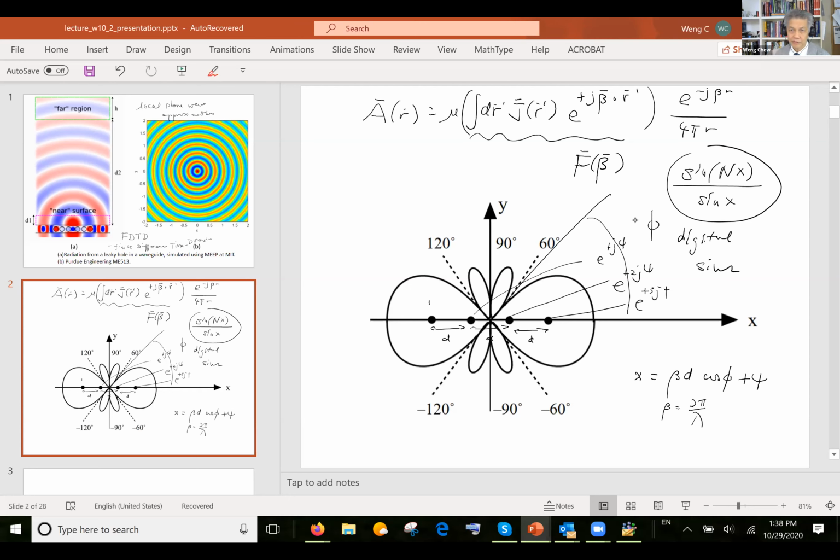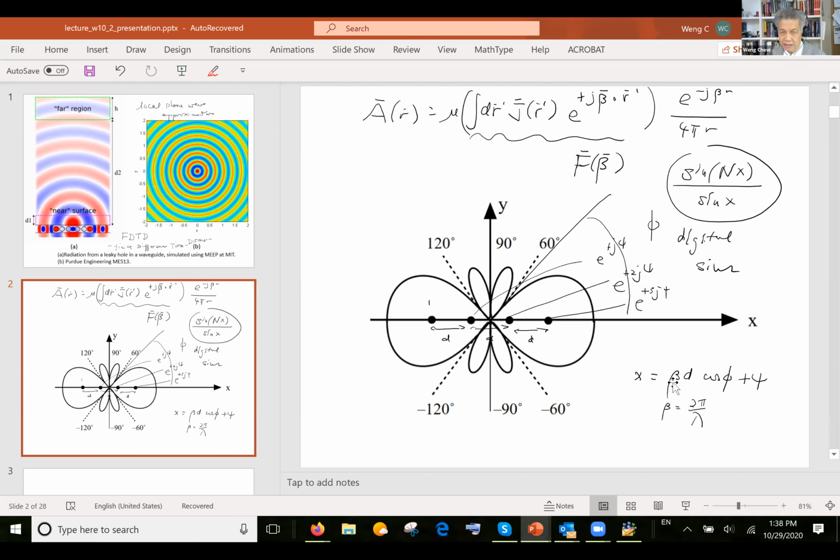So you quite easily see that when you change phi, x is going to change. But how can you make x change rapidly when you change phi? You can increase beta.